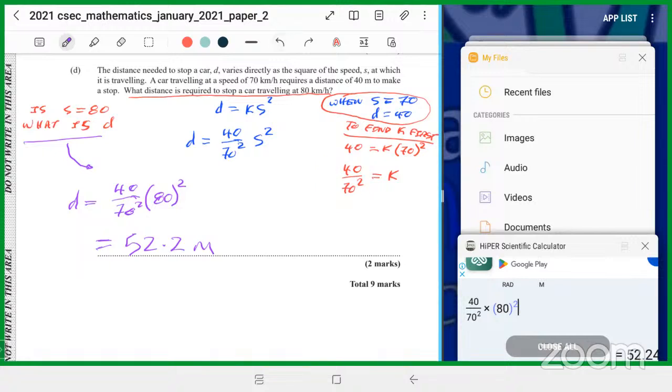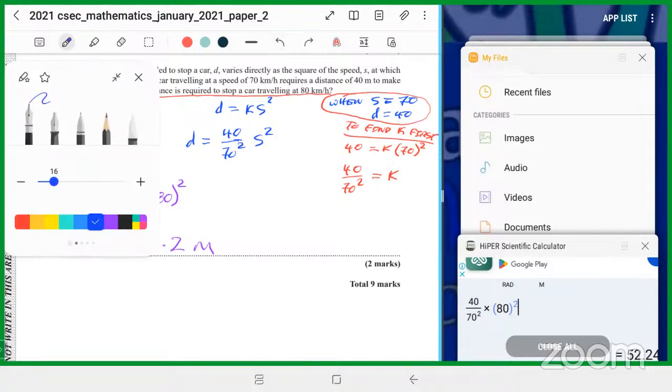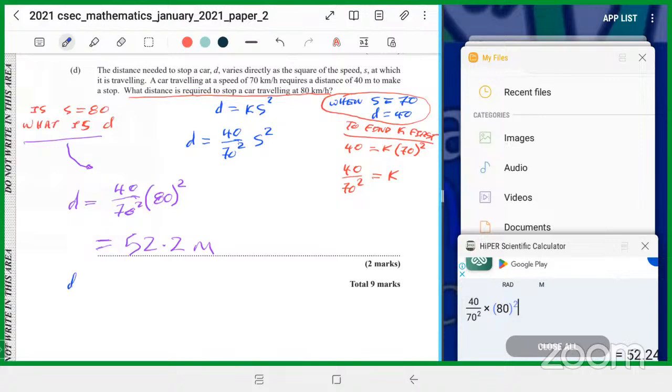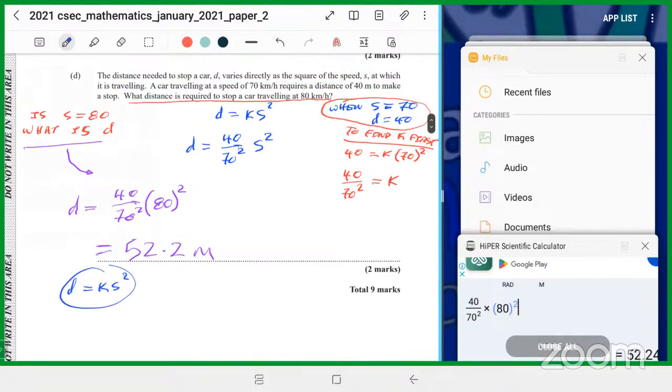Based on this formula, D equals k times s squared. So this statement up here still gives us that as our variation formula. What you do without finding the k is write this with k as the subject.